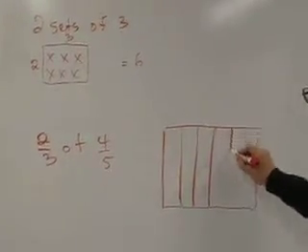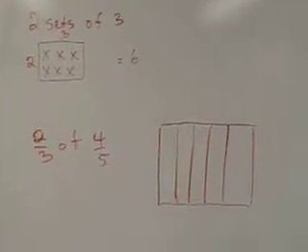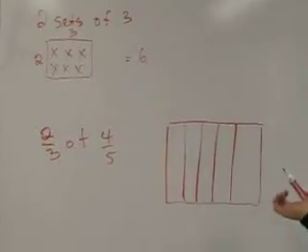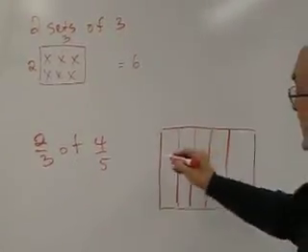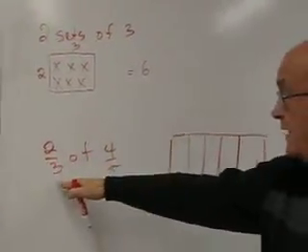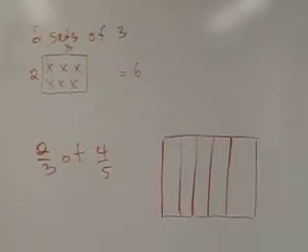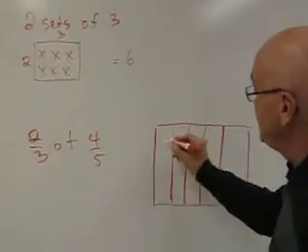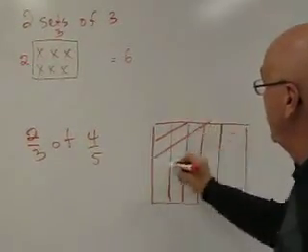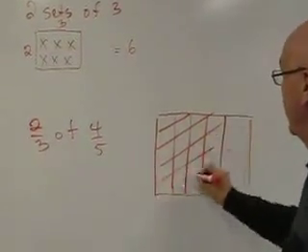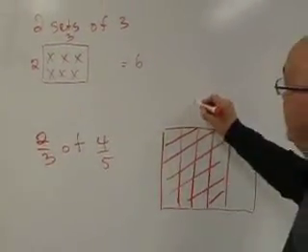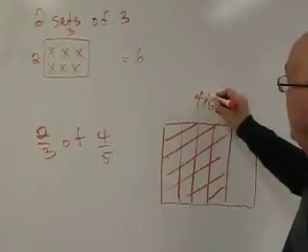I hope these look relatively close to equal. I have 5/5, which is the same as a whole. So I want to take 2/3 of those 4/5. So here are my 4/5. First of all, I'll just shade those in. Alright, so here is my 4/5.